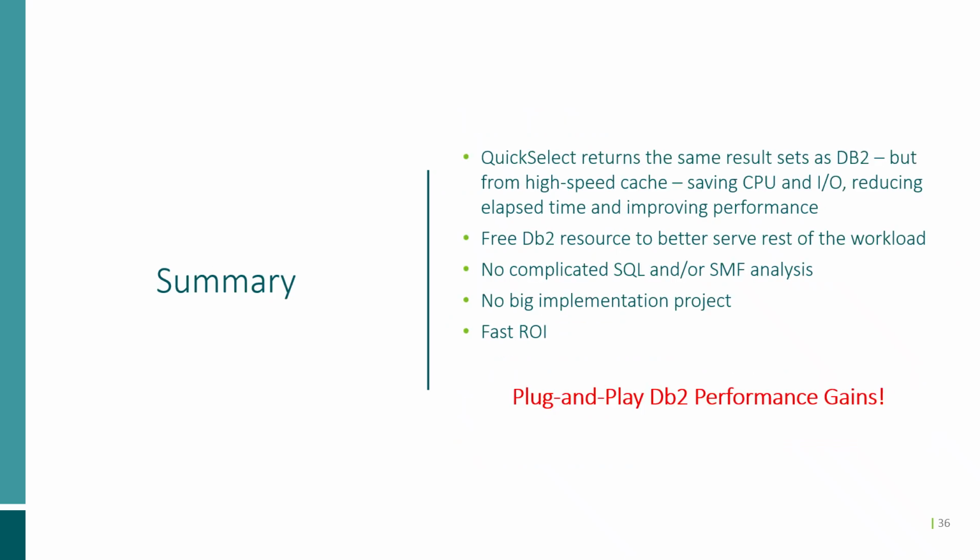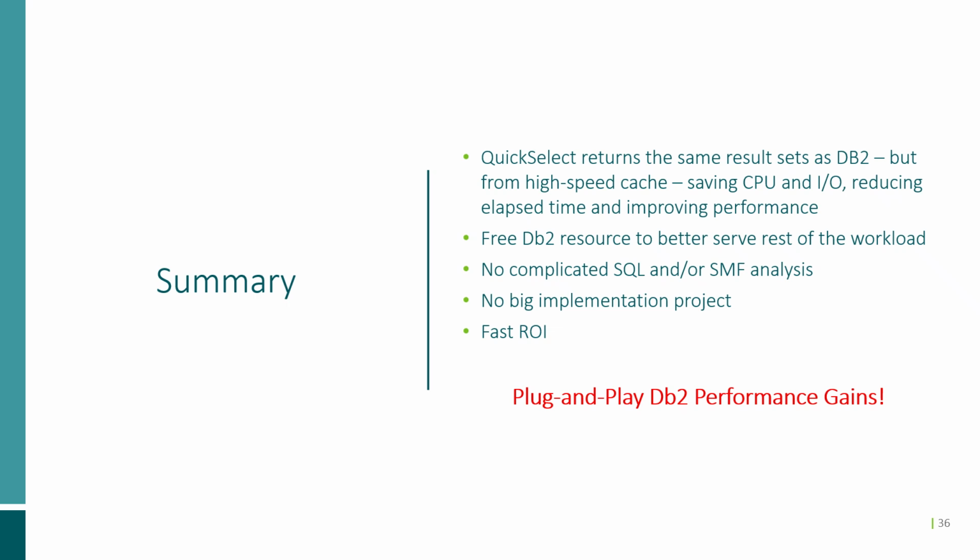So in summary, QuickSelect returns the same result sets as Db2, but from high-speed cache, saving CPU and I/O, reducing elapsed time, and improving performance for both your online as well as your batch Db2 workloads. QuickSelect frees Db2 resource to better serve the rest of the workload.